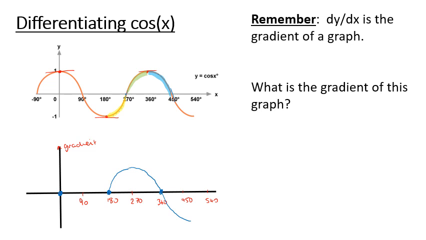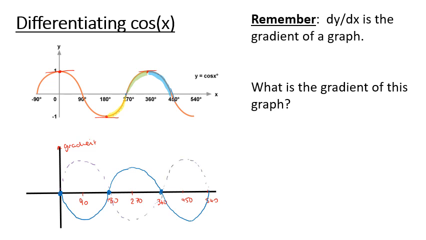Now I could keep doing that for each little chunk of the graph, and if I did, I would end up with a picture that looks a bit like this. So you can see there that this looks like a familiar graph to us. It looks a bit like the sine curve, but it's upside down, because the sine curve, we do it in dotted, sine curve goes that way, doesn't it?